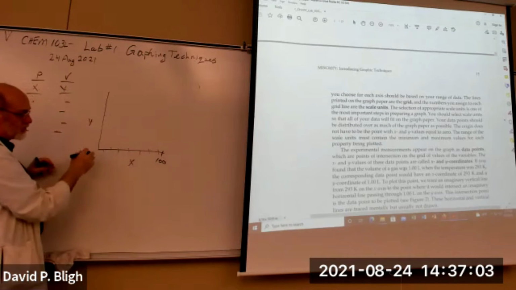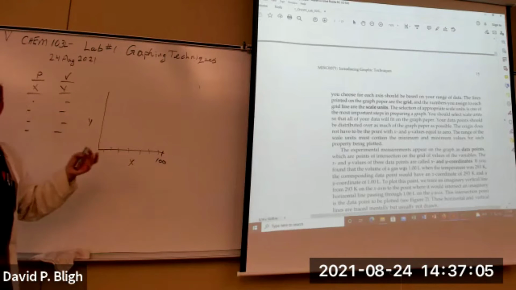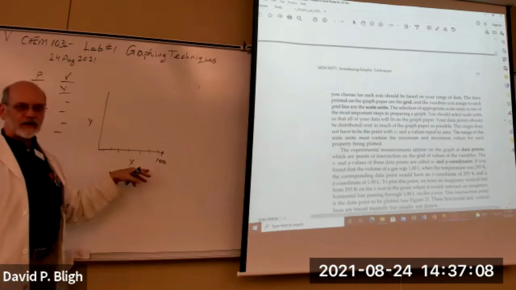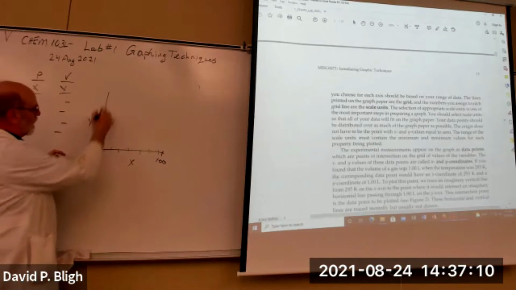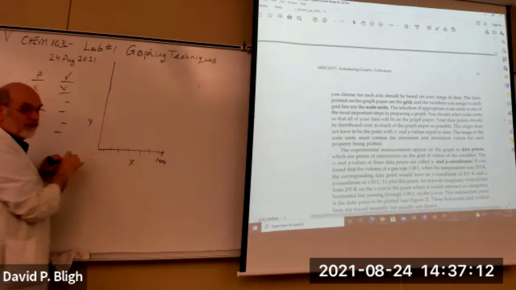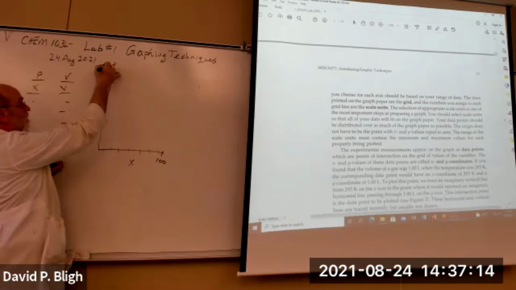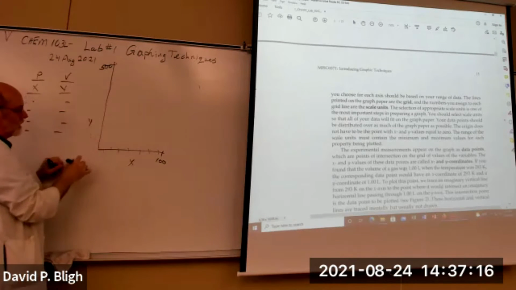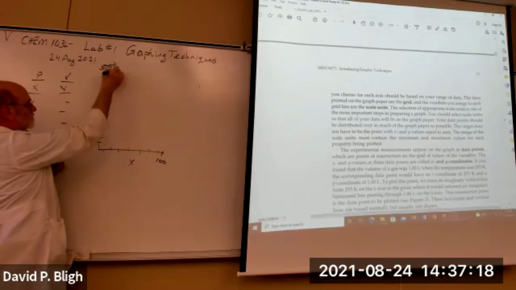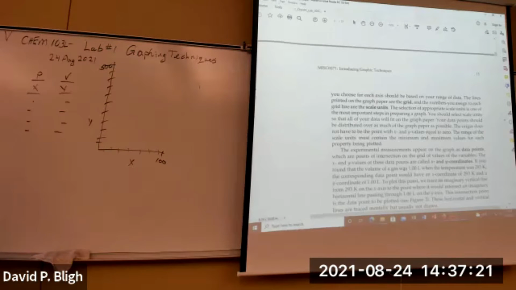And maybe this one only goes to 20. Well, actually, that contradicts what I just said. If this goes to 100, and this one's the tall one, this one may go to 500. So you have 500 up here, and then you subdivide it in equal units.